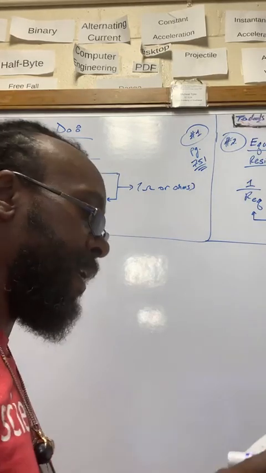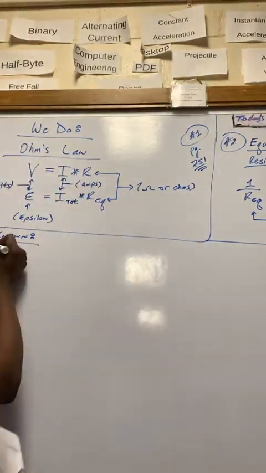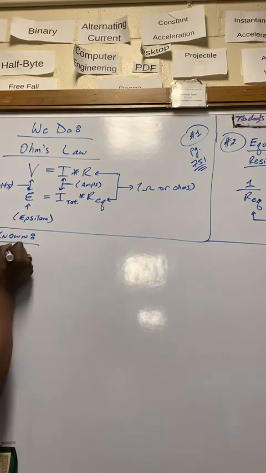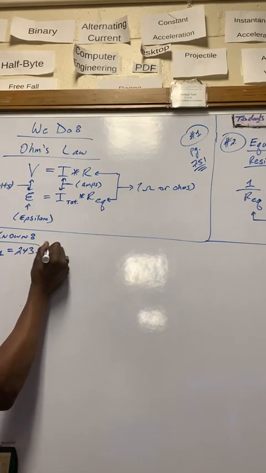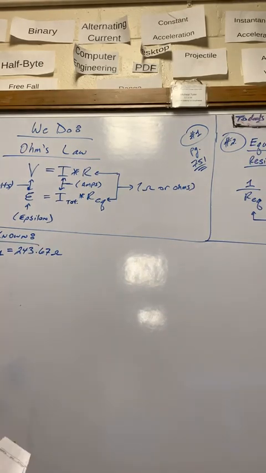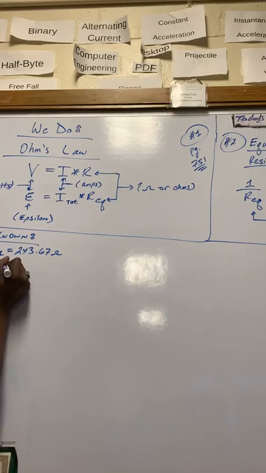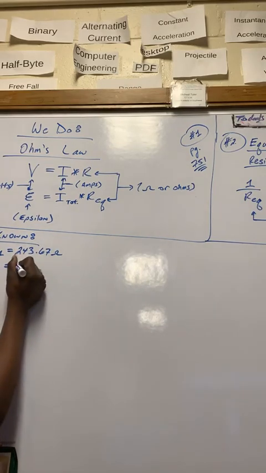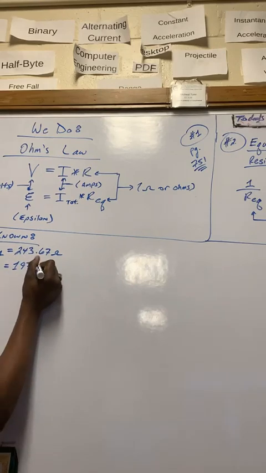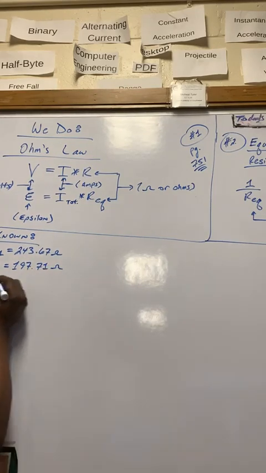So number 3, let's write down the ingredients we have in this problem. Look at the problem. It states that you have R sub 1 equal to 243.67 ohms. R sub 2 is 197.71 ohms.